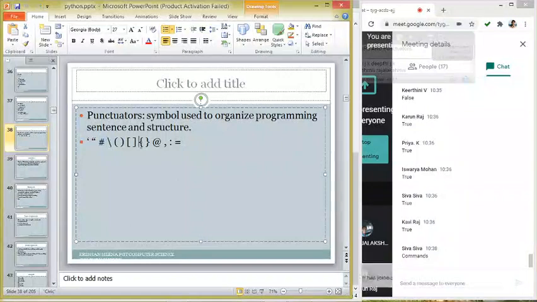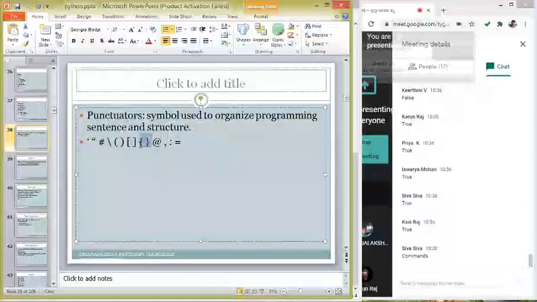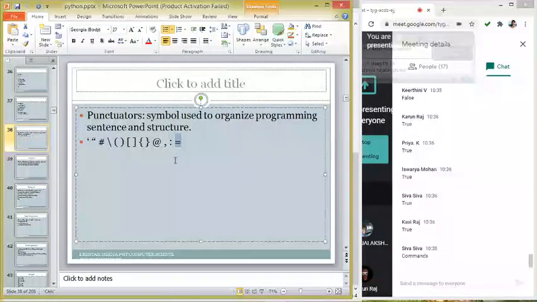This is called a bracket, square bracket. This is called a curly bracket, at the rate, comma, colon, and assignment equal. These all are the punctuators we can use in our programming to make our program effective.